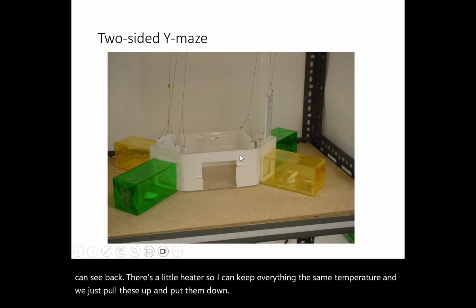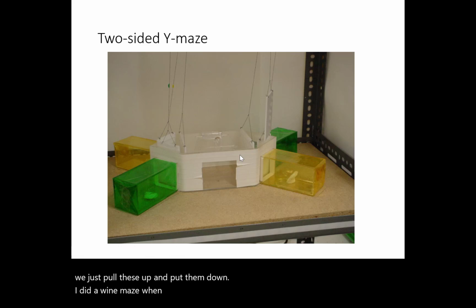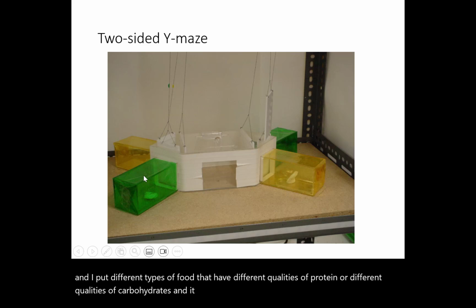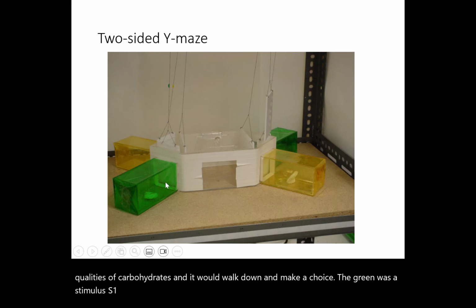I did a Y maze when I studied grasshoppers. And the little grasshopper goes in here, and I put different types of food that had different qualities of protein or different qualities of carbohydrates. And it would walk down and make a choice. The green was a stimulus, S1, that caused the response to go into it, when the R1 was something that was valuable, in this case, food.